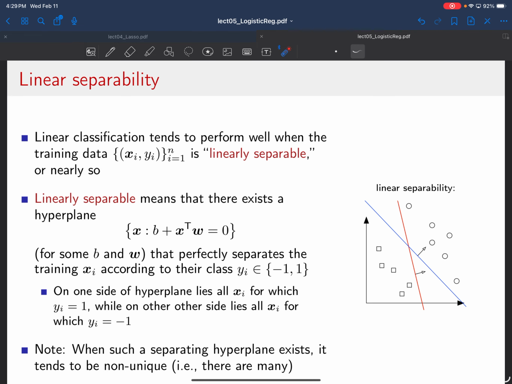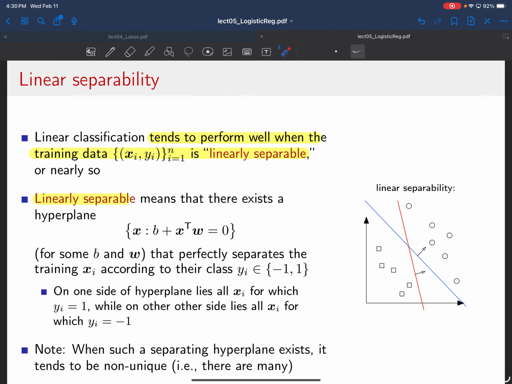It tends to perform well when the training data are what we call linearly separable, or when they're nearly linearly separable. By linearly separable, we mean that there is some hyperplane that perfectly separates the training data into the two classes. Here we have a picture where the labels are from one class, and here are the training samples where the labels are for the other class.